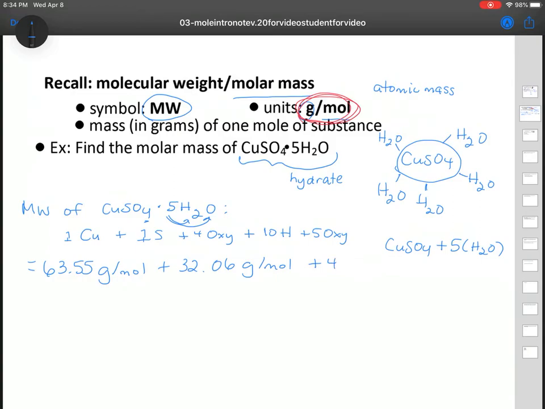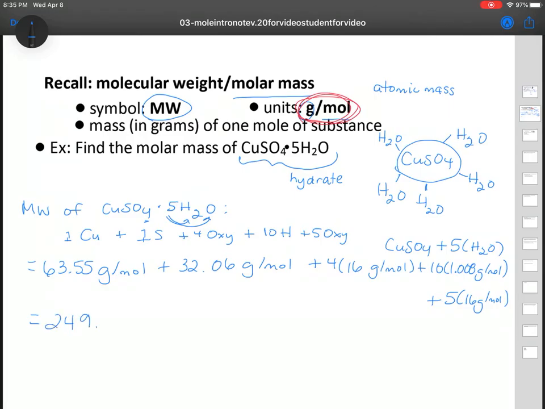Oxygen is 16 right on, but we have 4 of them, so we have to multiply by 4. And then 10 hydrogens and 5 oxygens. Okay, so you don't need to simplify it. Yes, there are 9 oxygens. Yes, you could have put that together, but really it doesn't matter what you do.